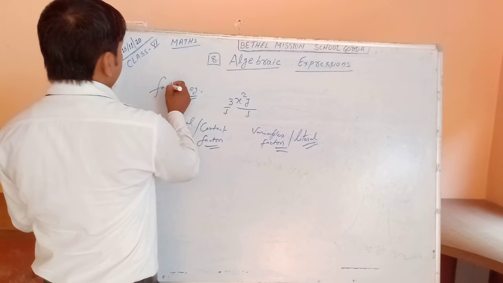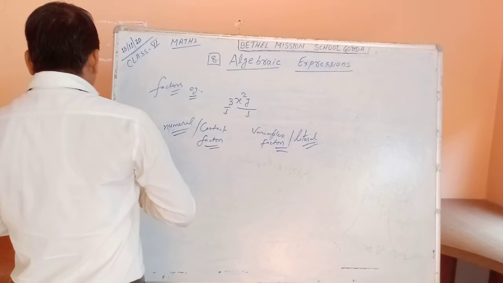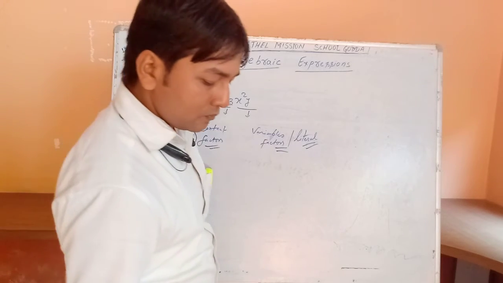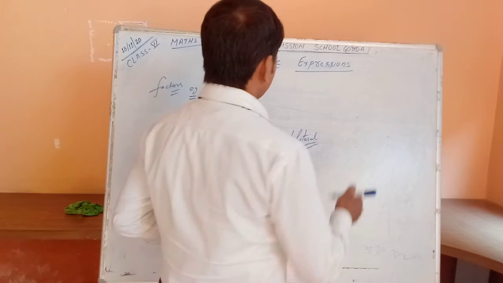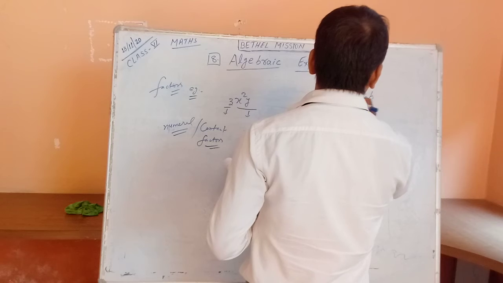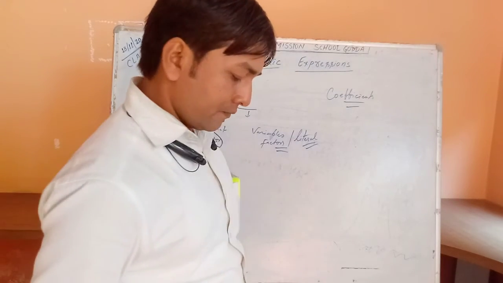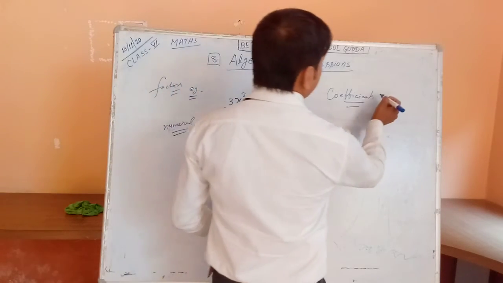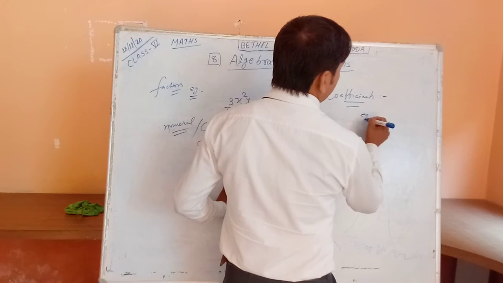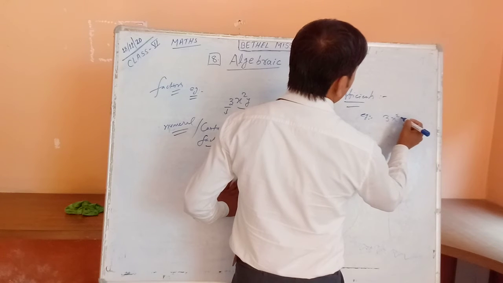Okay, in your book it is given as literal factor and numeral factor. These are factors. And one more thing, that is coefficient. Which one is the coefficient? I'm taking one example, 3x square y.